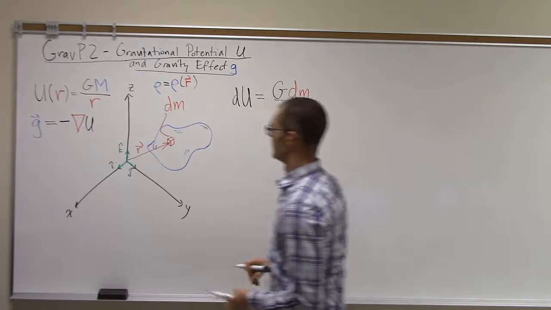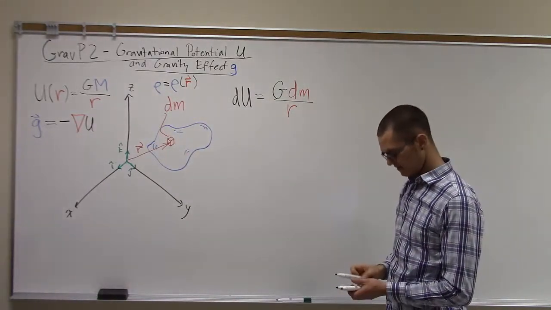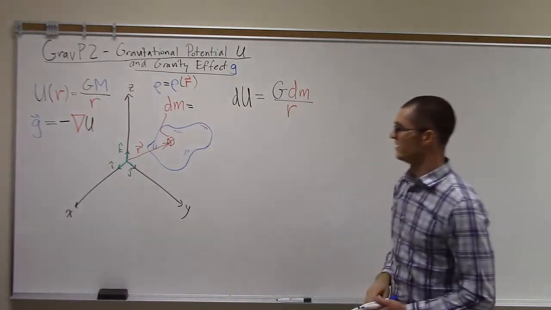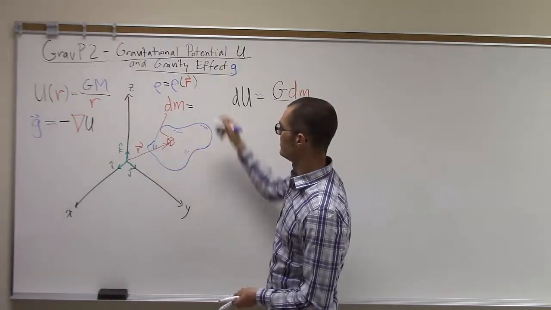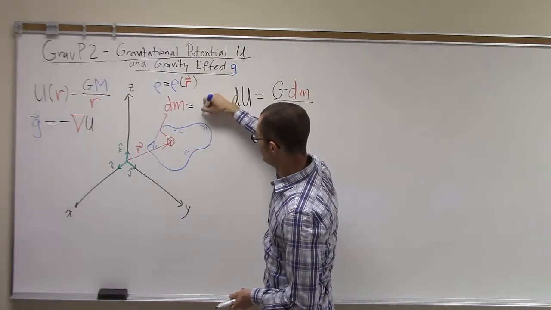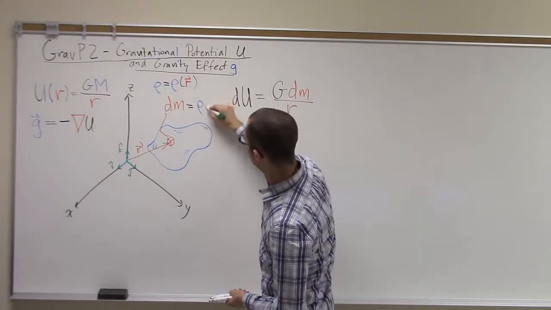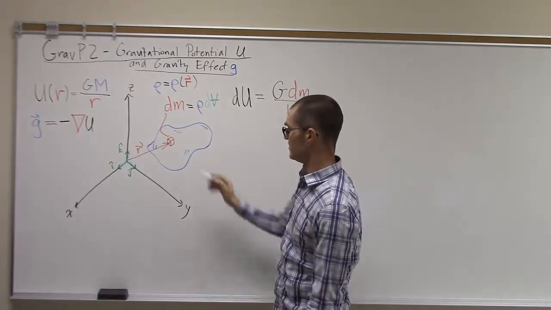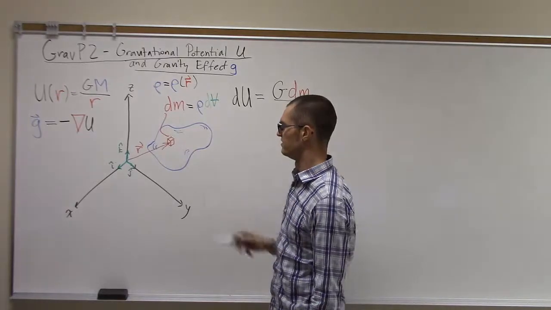And this is the r vector, so it's a function of the position vector. Now, if we are able to evaluate that at every point, we can say that the small piece of mass, dm, is equal to rho times the volume of this small piece, dV. So this is a little piece that is, say, dx by dy by dz.